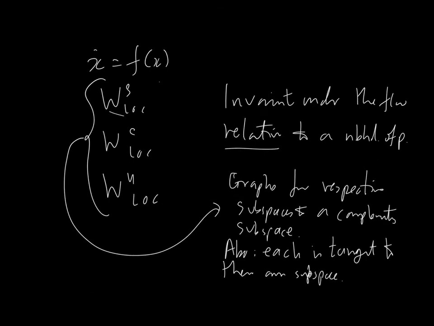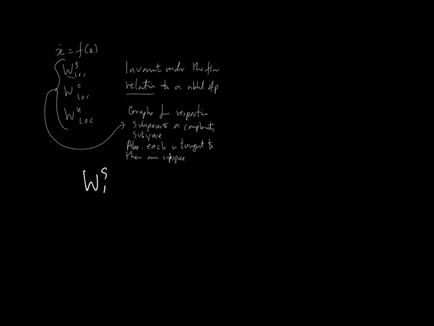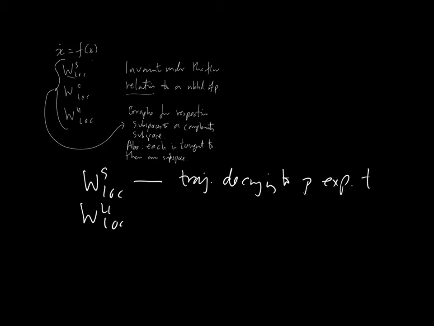Just to reiterate, Ws loc consists of trajectories decaying to P exponentially as t goes to plus infinity.